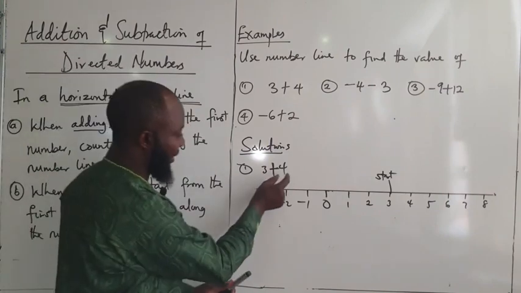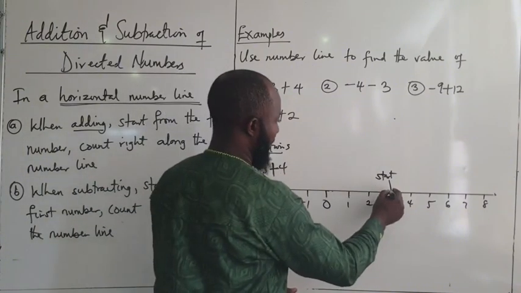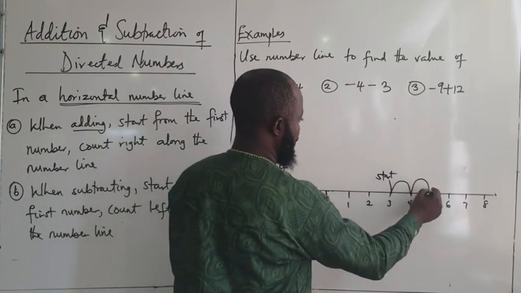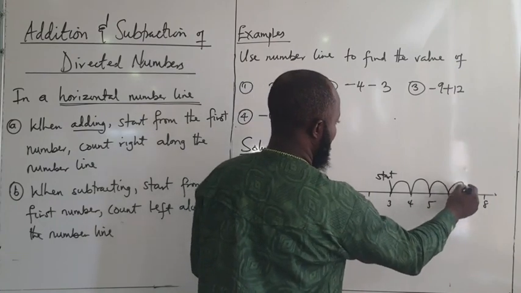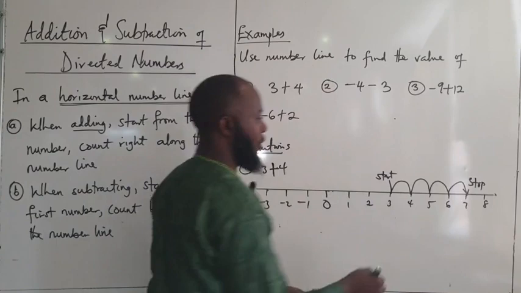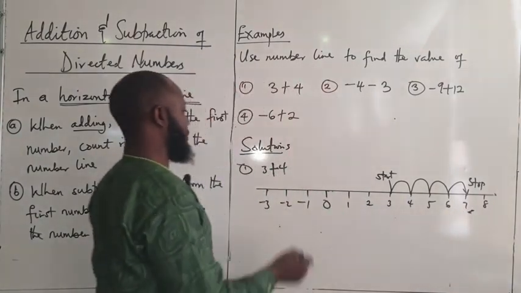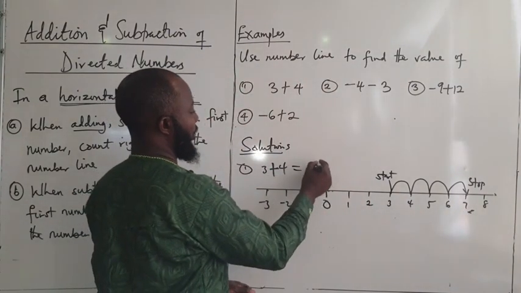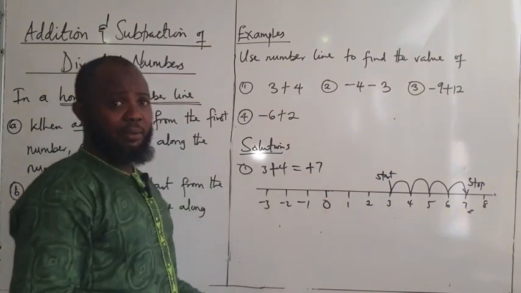So we count 4: 1, 2, 3, 4. We stop here, and where we stop is our answer. So this gives us plus 7. I hope this is very clear.